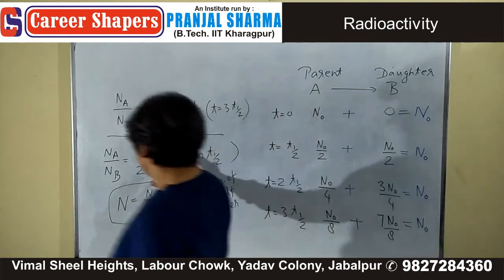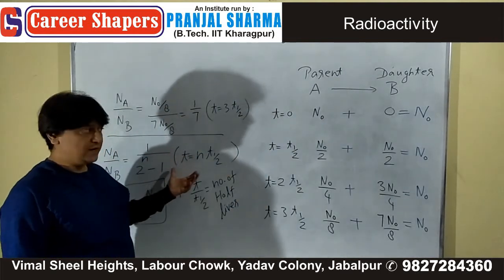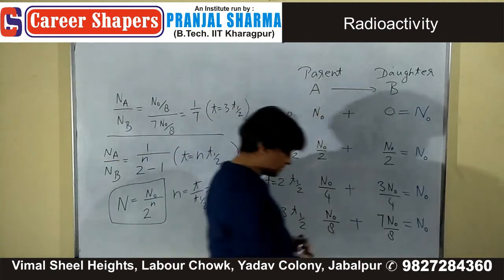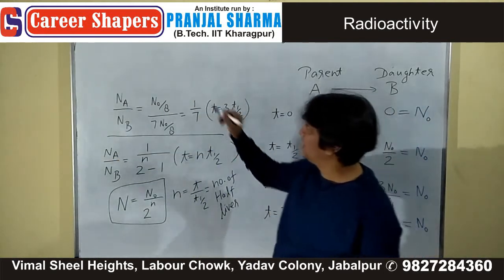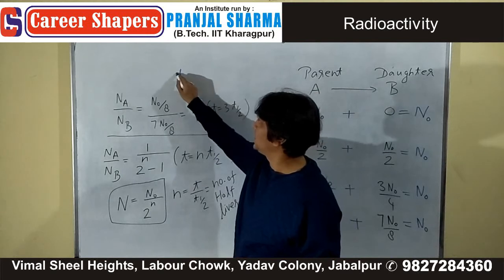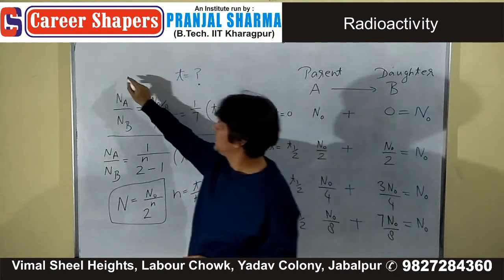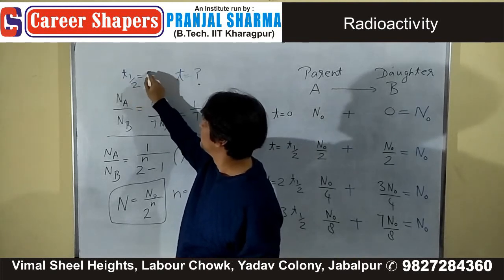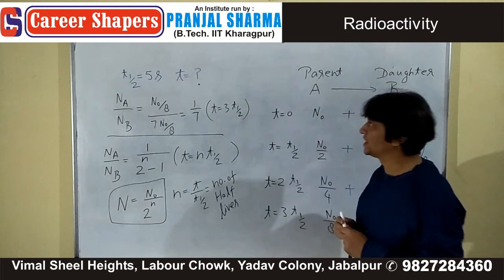Now, a trick type of question can be asked again in this form. Suppose after time t, which is not known, T half is given as 5 seconds. T half is known, 5 seconds.